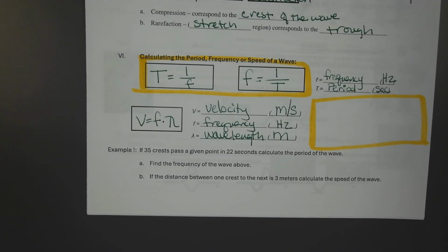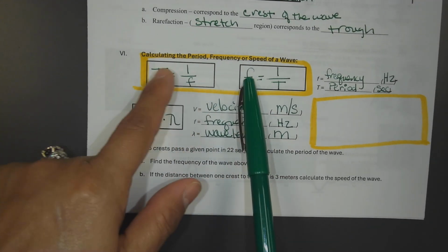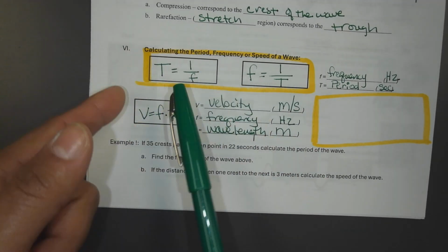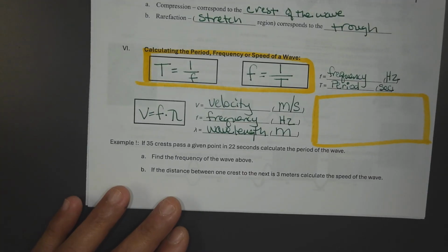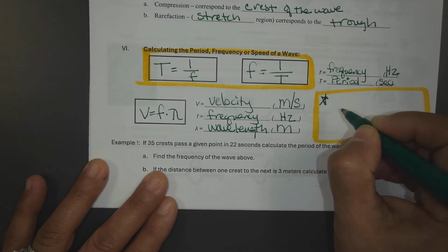Now I want to go back to that one over there. Period and frequency. When it comes to period and frequency, unfortunately, you have to have an F or a T so that you can solve each one of these. They don't give it to you. Do you remember this equation we talked about?